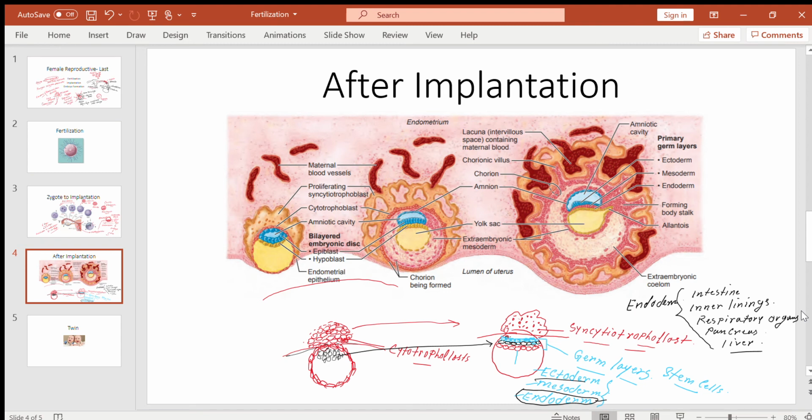Then the mesoderm, the middle layer. This layer is the middle layer, so it forms the muscles, skeletal muscles, your bones, those structures.